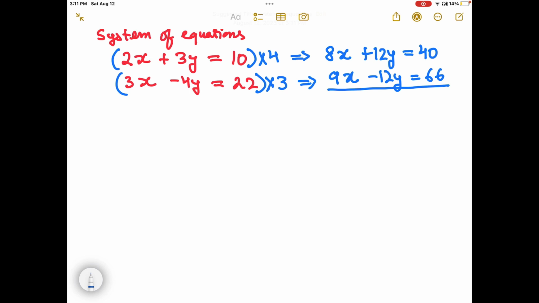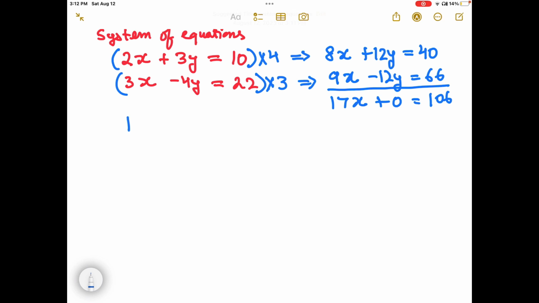Once the two coefficients become the same, we can either add or subtract them depending on their sign. Whichever operation gives us a 0 will eliminate that variable. So here, adding the two equations will eliminate y. So 8 plus 9 is 17x, and this is 0, and this is 106.